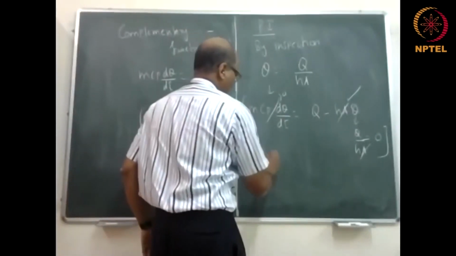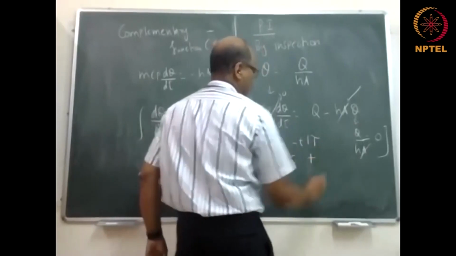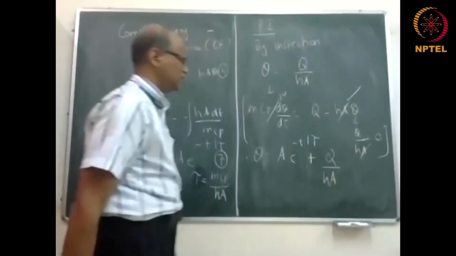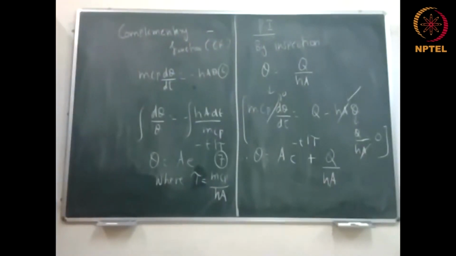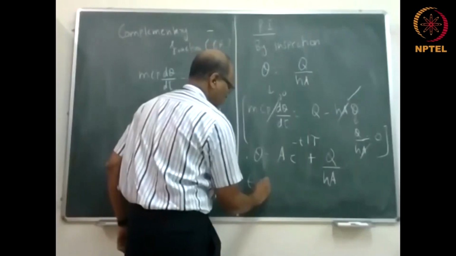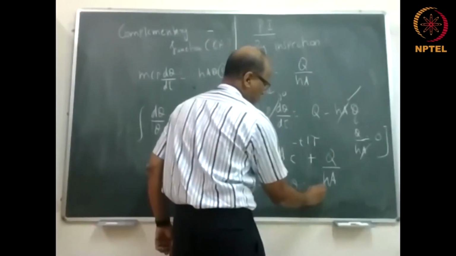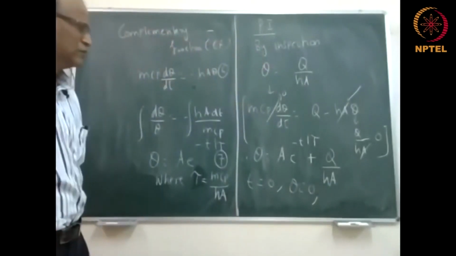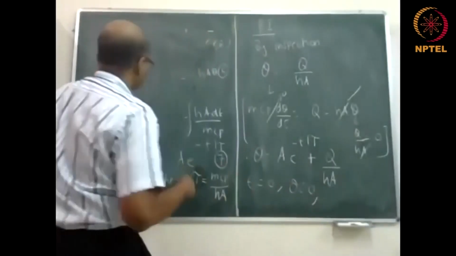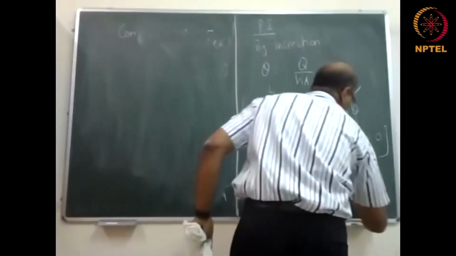Therefore, theta equal to A into e to the power of minus tau plus Q by HA. At t equal to 0, theta equal to 0 now. Please note, we did this.